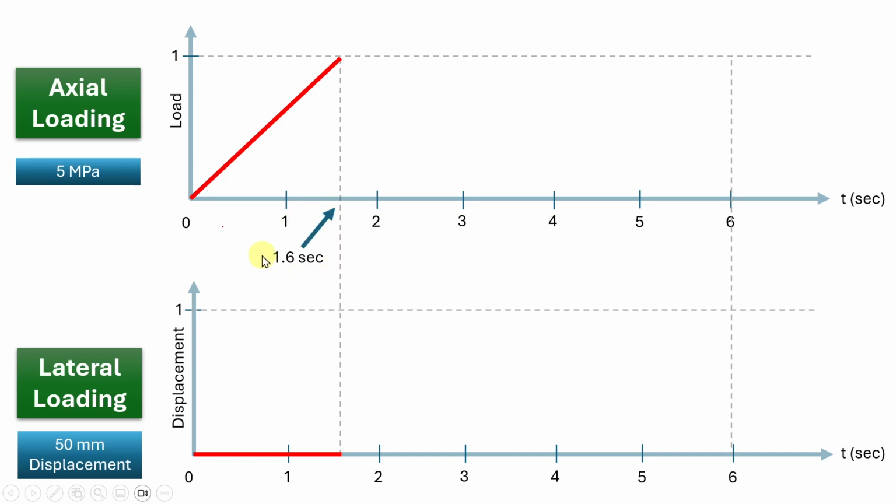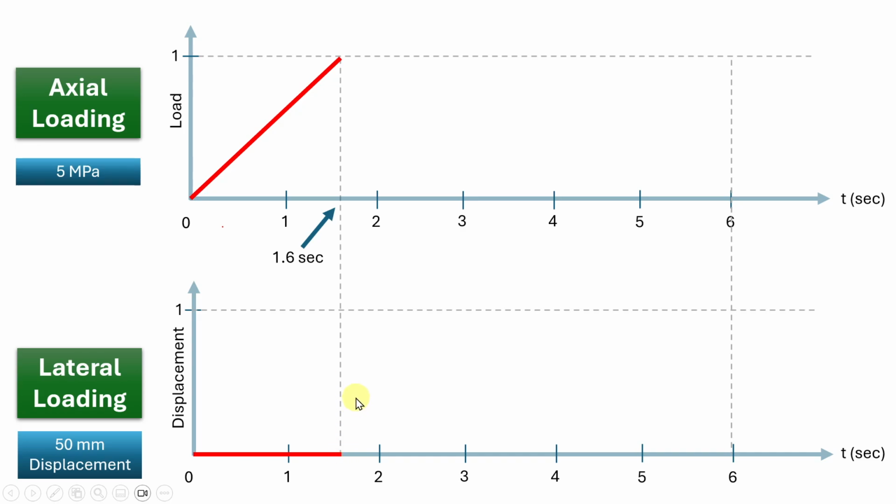At time 1.6, the axial load will have increased to 1, but the lateral load is 0. It means that the whole vertical pressure comes first, then the lateral load will be applied.